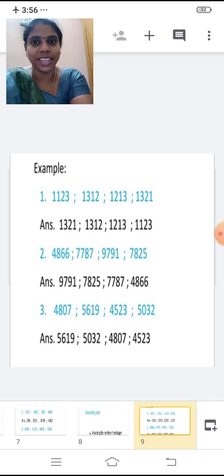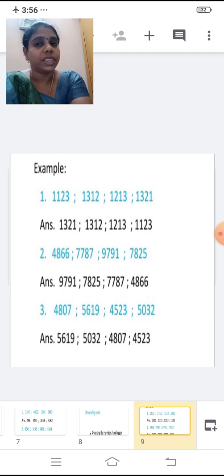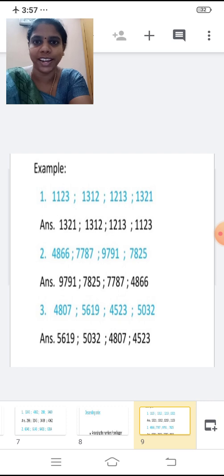So 2 is greater than 1, right? So 2 I am writing first. 1213. Then 1123. So first answer is 1321. Then 1312. 1213. 1123. So you all know how to arrange the numbers in descending order, right?